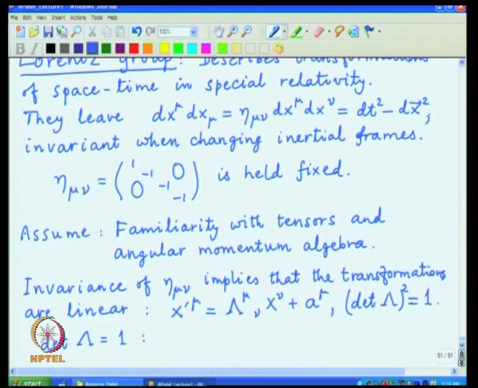So, the transformations where determinant lambda is equal to 1 include the element identity, which is just a constant identity matrix for lambda. So, these are continuously connected.